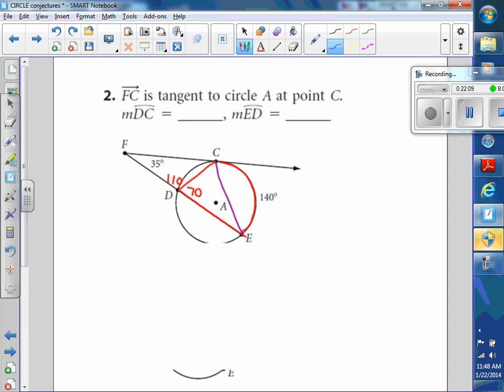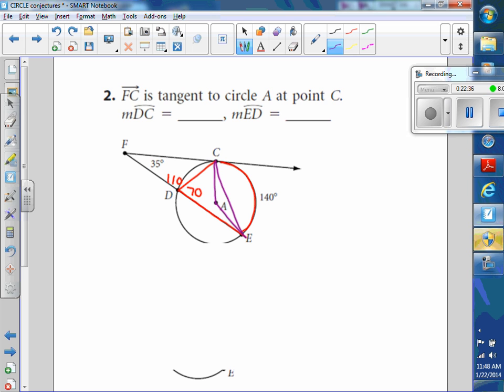So what's that going to give you? DC. Once I figured out E. But did you figure out E? I did. Okay. So, you going to walk us through it? Sure. So I drew the two radii between CA and EA. There we go, the central angle, right? And they're isosceles.